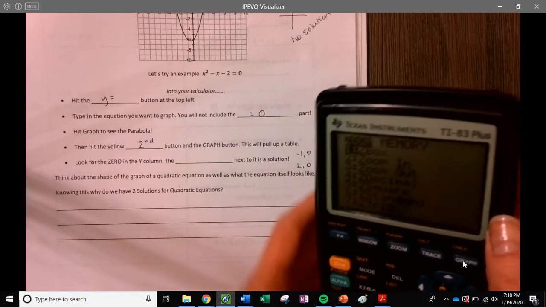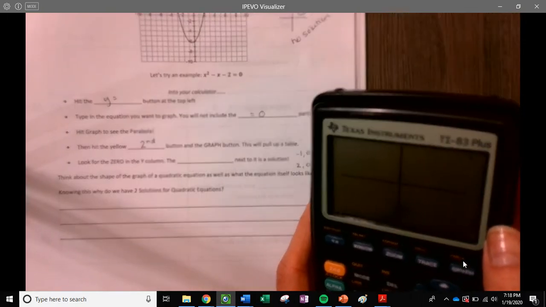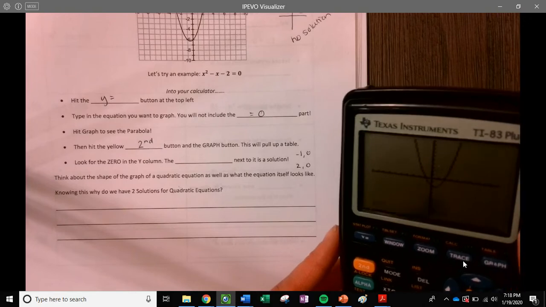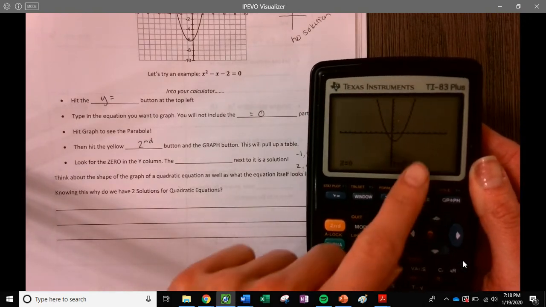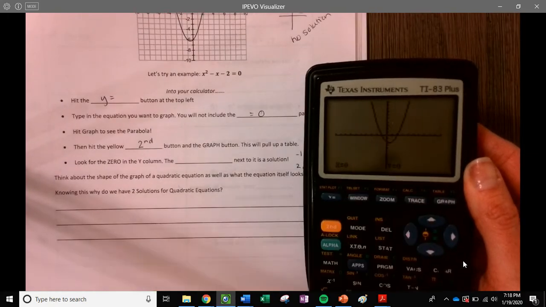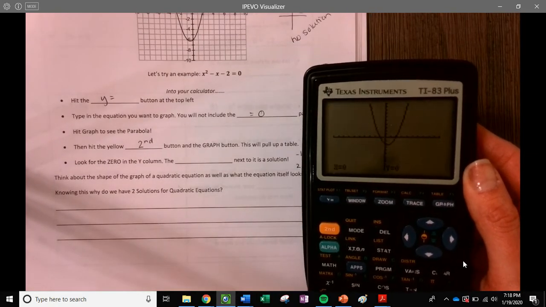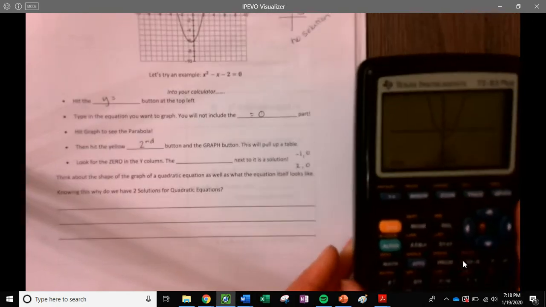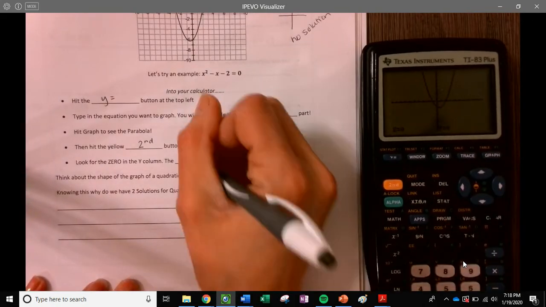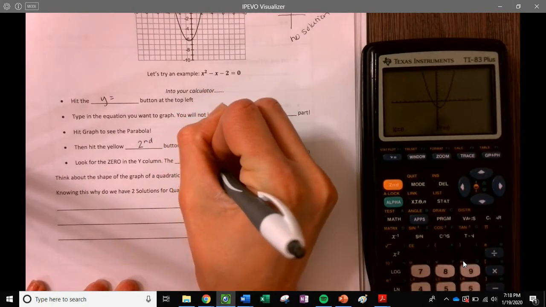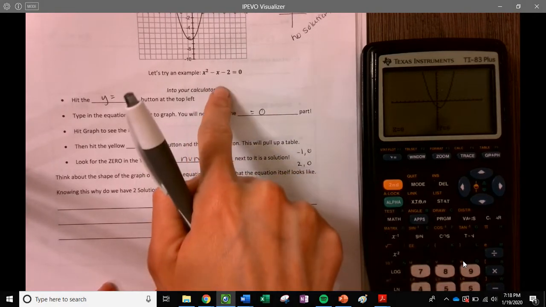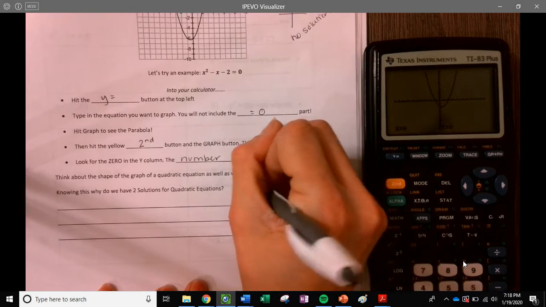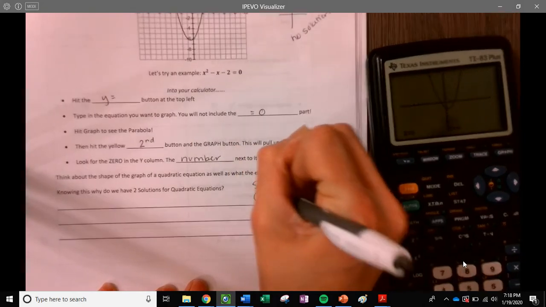And let me zoom out. There we go. So you can see by looking at this picture, I've got a point on 2 and I've got a point on -1, which is exactly confirming what the table told me. Your notes should say number here. Which means that the solution for this equation would be -1 and 2.